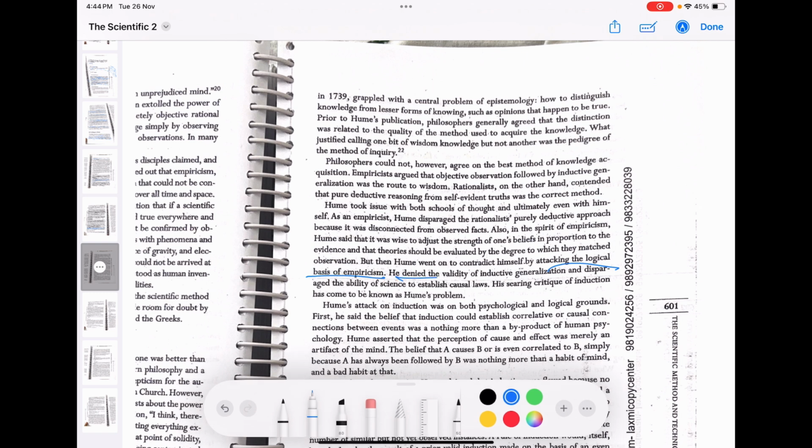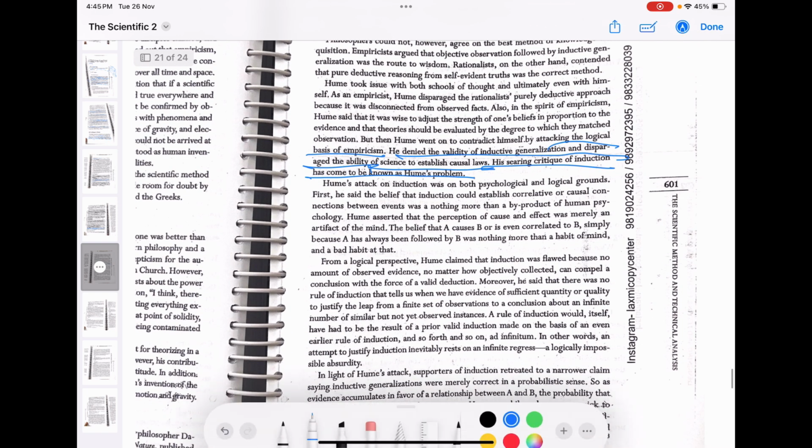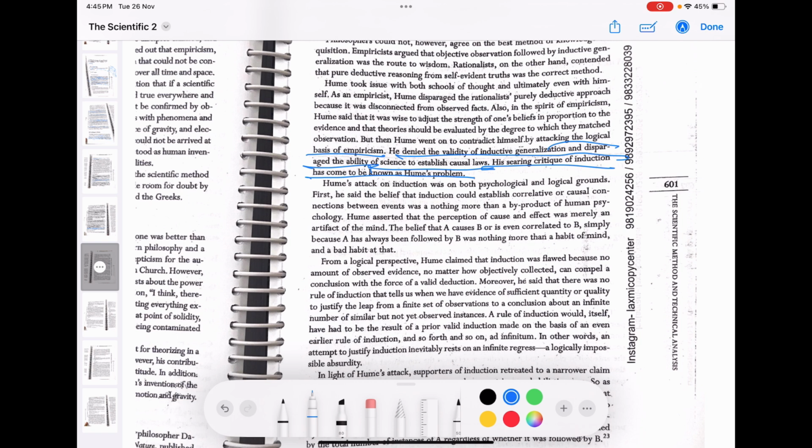He denied the validity of inductive generalization and disparaged the ability of science to establish causal laws. His searing critique of induction has come to be known as Hume's problem. Hume's attack on induction was both on psychological as well as logical grounds. He said that the belief that induction could establish correlative or causal connections between events was nothing more than a byproduct of human psychology.